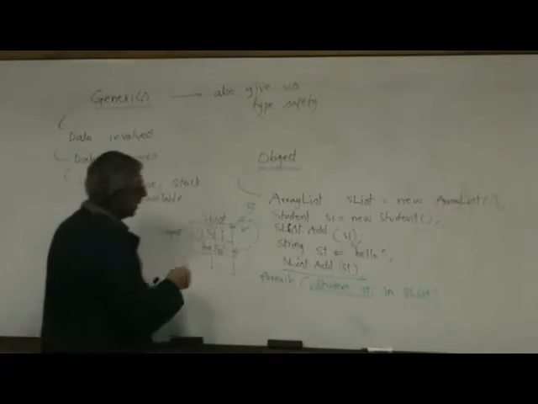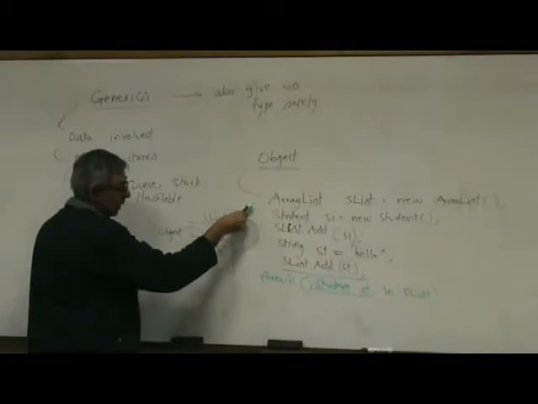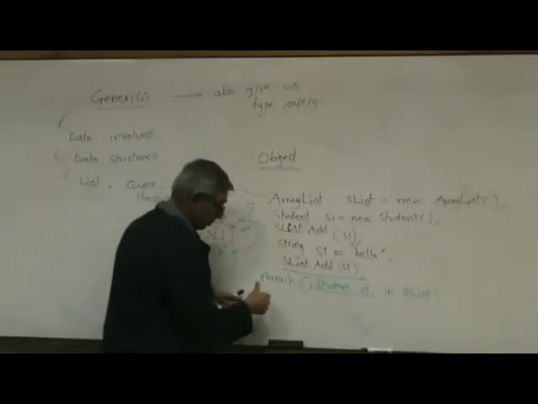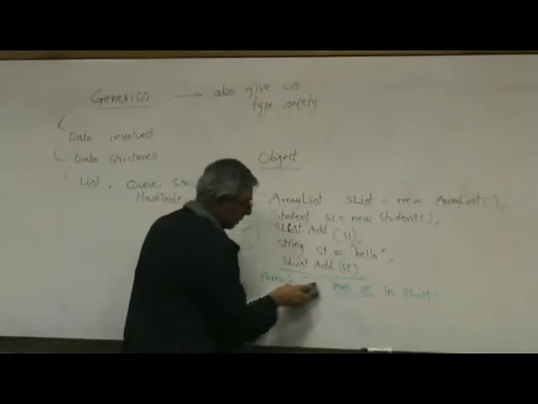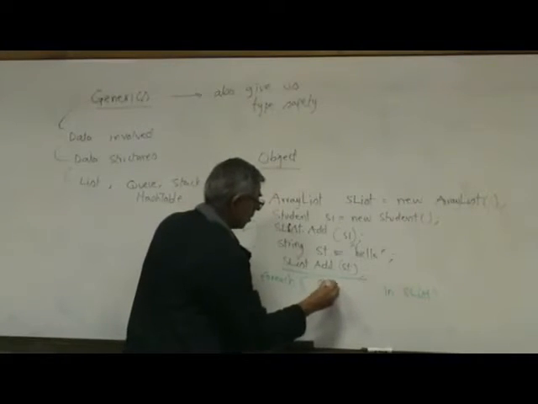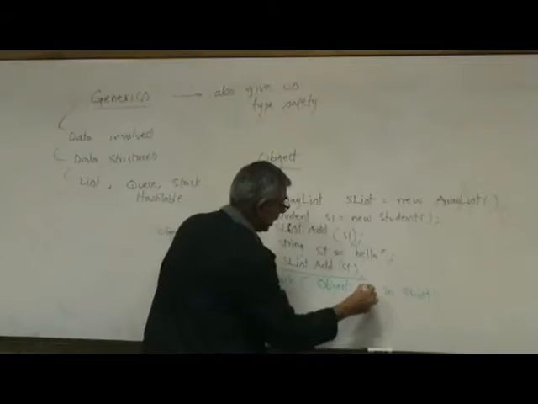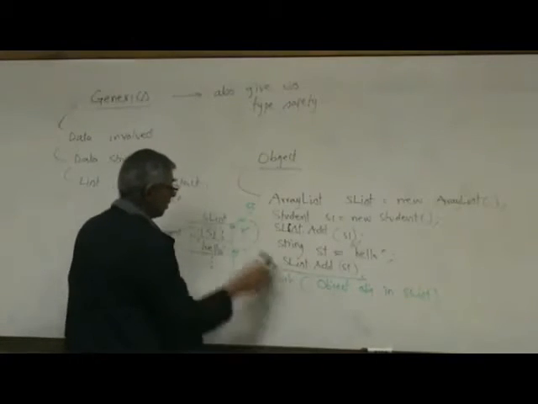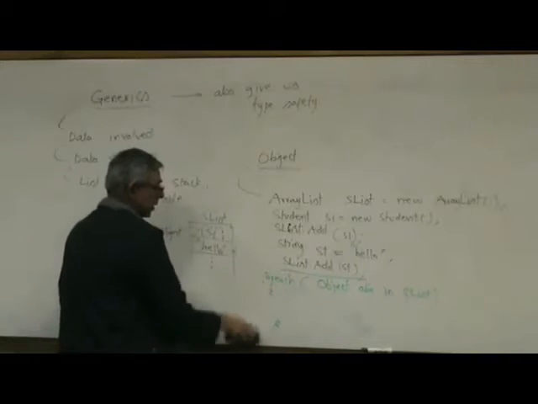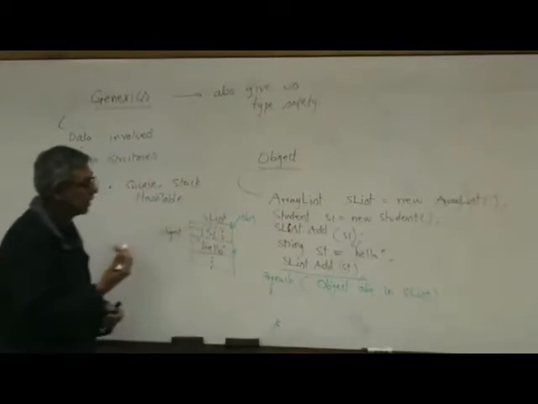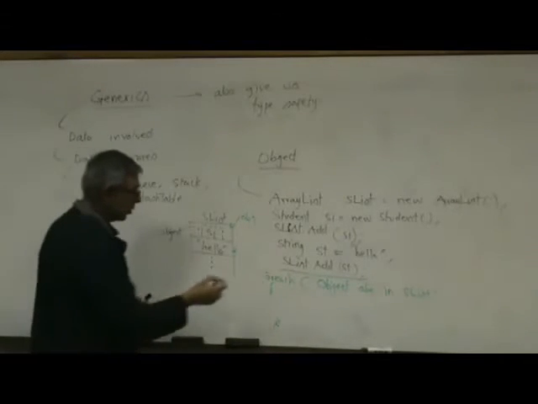So what's the type of reference that can point to a student as well as a string? Object. So we will change this to object obj in sList. Can obj point over here? Because object is the base class for all classes, sure, it can.